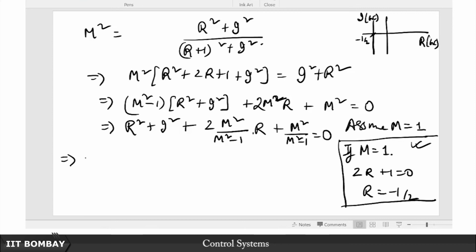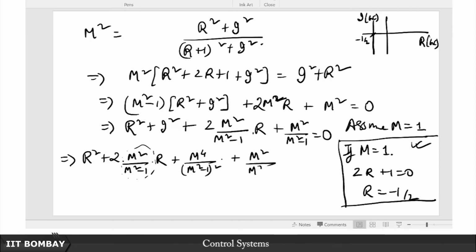So r squared plus 2 times m squared upon m squared minus 1 times r plus the square of this term, that is m to the power 4 upon m squared minus 1 whole squared, plus m squared upon m squared minus 1 is equal to, now we have to counterbalance this term we have added, so let us add it on both sides.